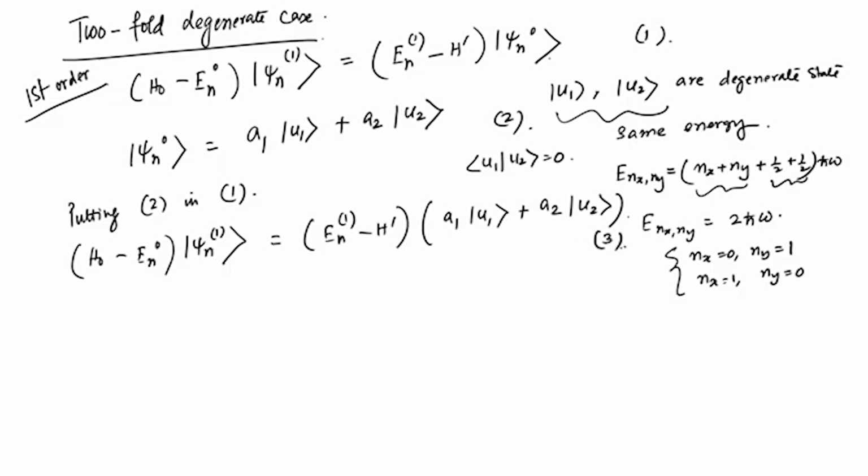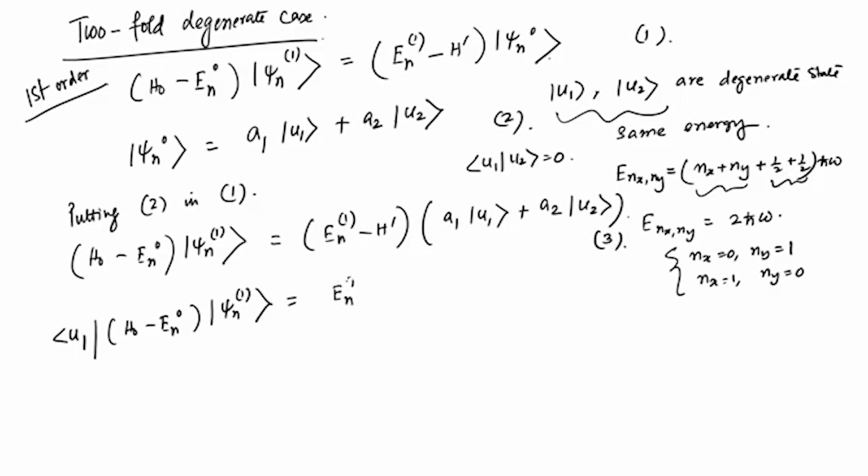Now, what we can do is that we can take an overlap. When I say overlap, what I mean is that you operate with the conjugate of some wave function. In this case, it is the conjugate of u1, that is the bra of u1. So, operate with this on both sides. So, this will be H0 minus En0 and psi n1. En1 you do not need to worry about because it is just a number.